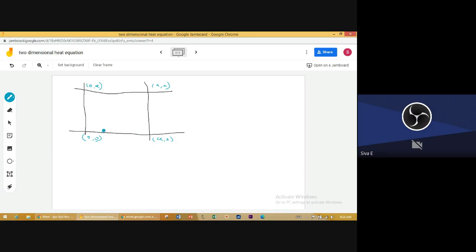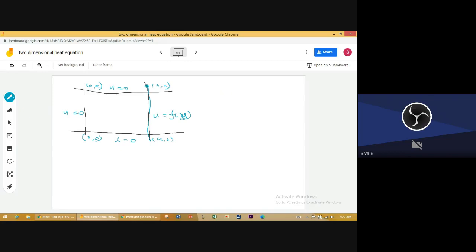In case these three sides temperature is 0, here u equal to 0, but here u equal to some function of y, because a is a constant, y is a variable. Here the non-zero boundary is parallel to the y-axis.